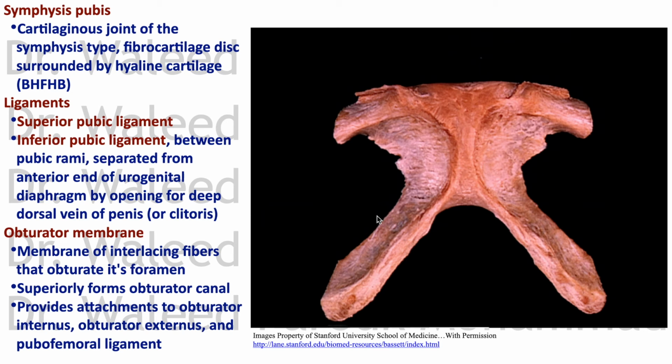It gives attachment to obturator internus muscle, obturator externus muscle, and the pubofemoral ligament of the hip joint. We will study this in detail with the hip joint of the lower limb. So this is about the obturator membrane.